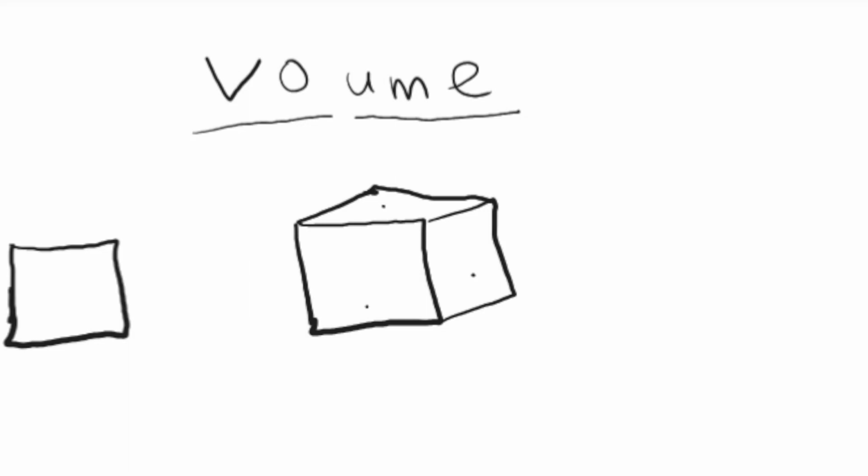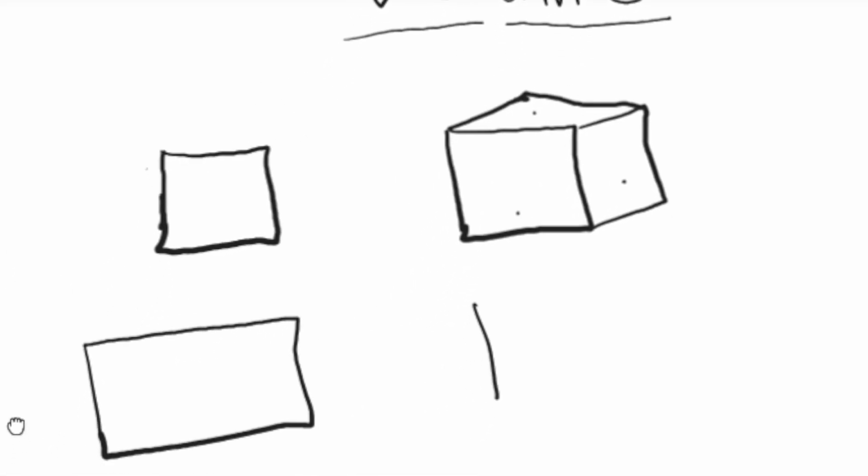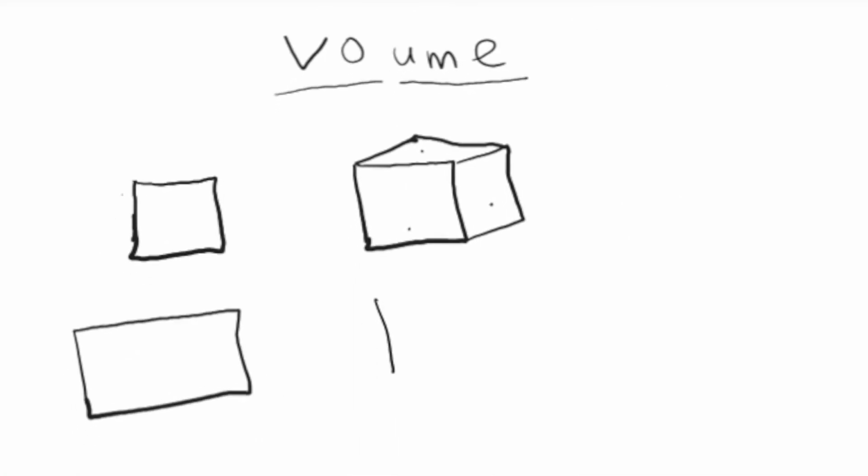The only difference between the cube and the cuboid is that one is from a rectangle and one is from a square.